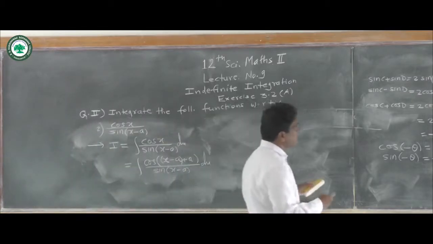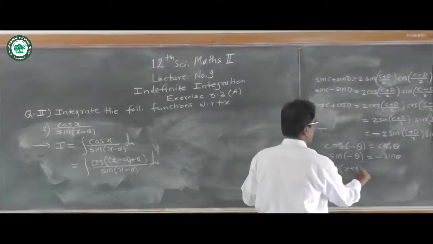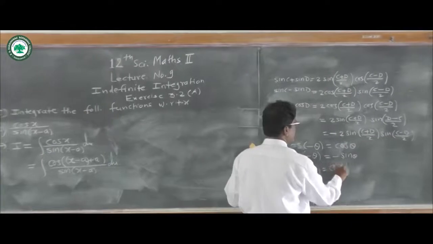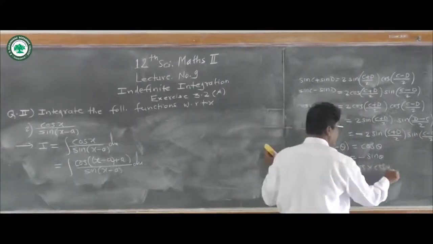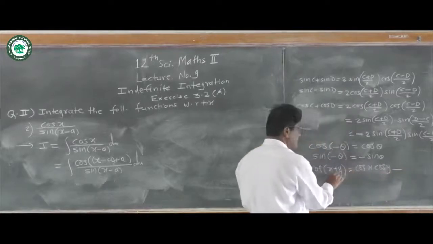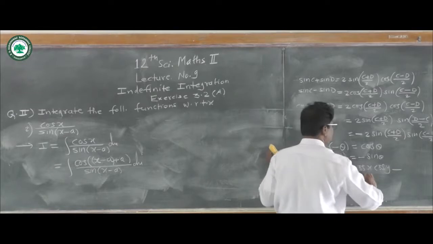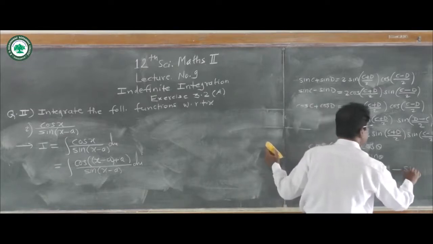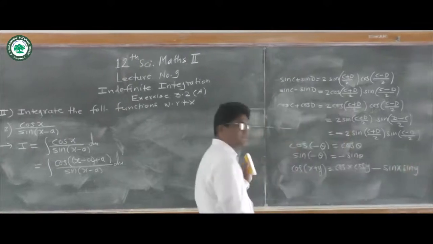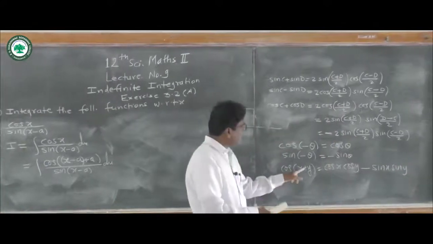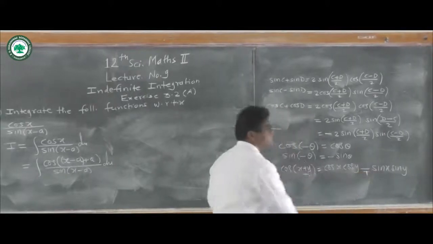Cos of x plus y is equal to cos x cos y minus sin x sin y. If here it is plus, in the formula take minus; if here minus, take plus.